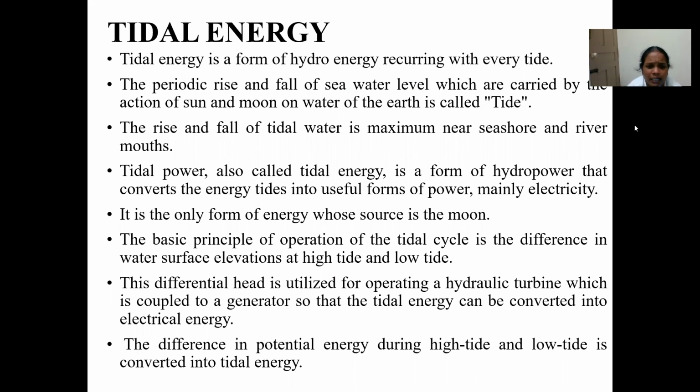This differential head is utilized for operating a hydraulic turbine, which is coupled to a generator so that the tidal energy can be converted into electrical energy. The difference in potential energy during high tide and low tide is converted into tidal energy.